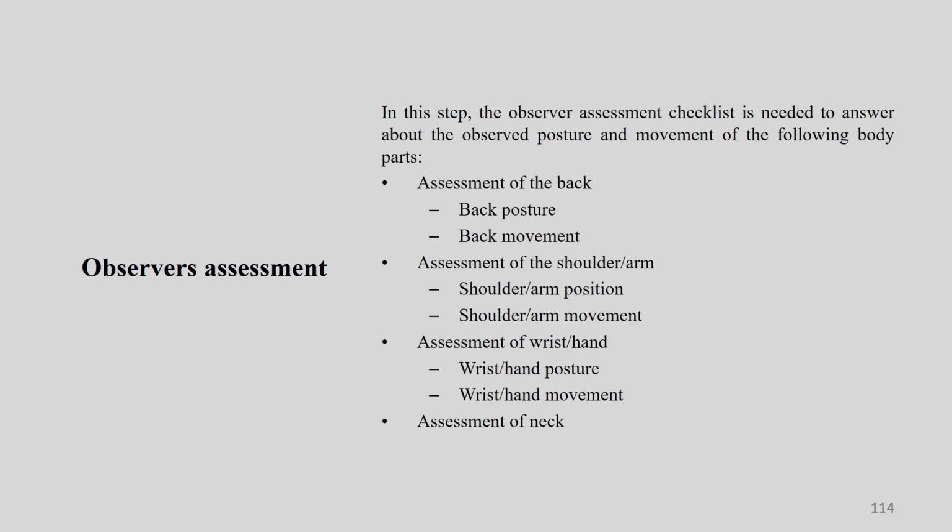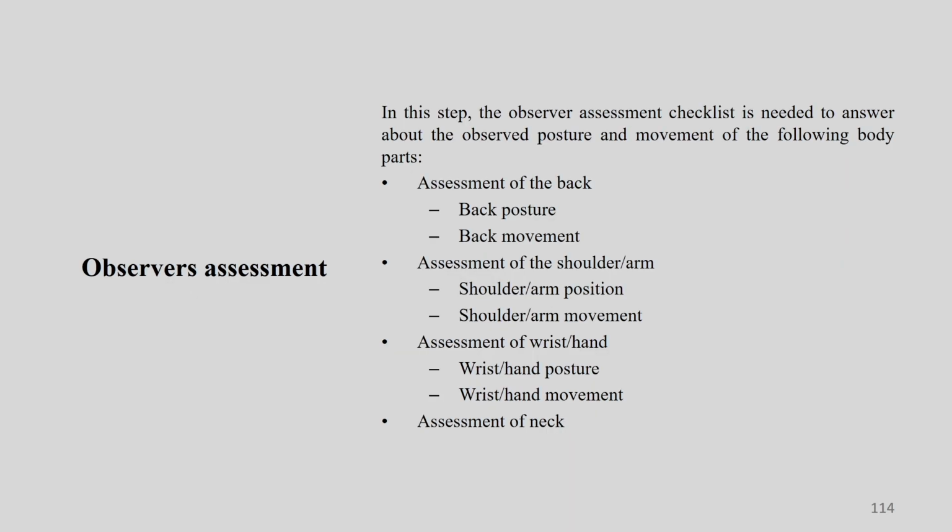Now the next step is the observer's assessment. In this step, the observer assessment checklist is needed to answer about the observed posture and movement of the following body parts. So, assessment of the back. Here you have two variables: one is back posture, another is back movement.